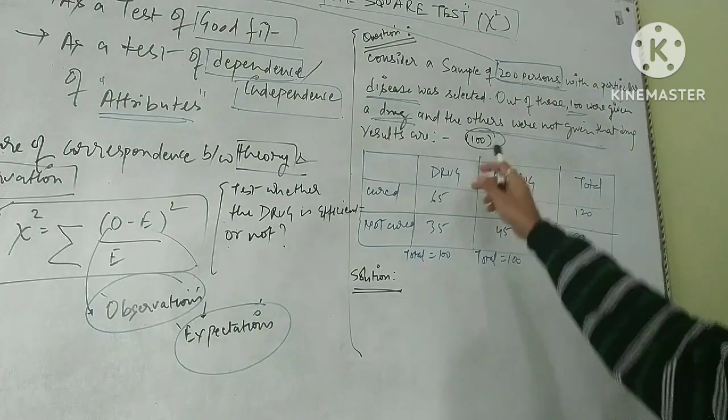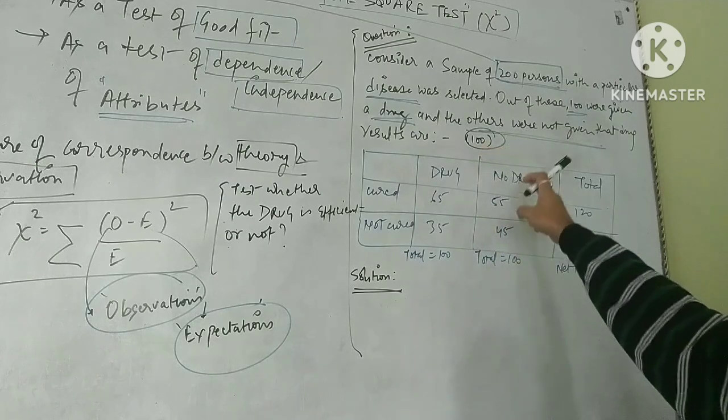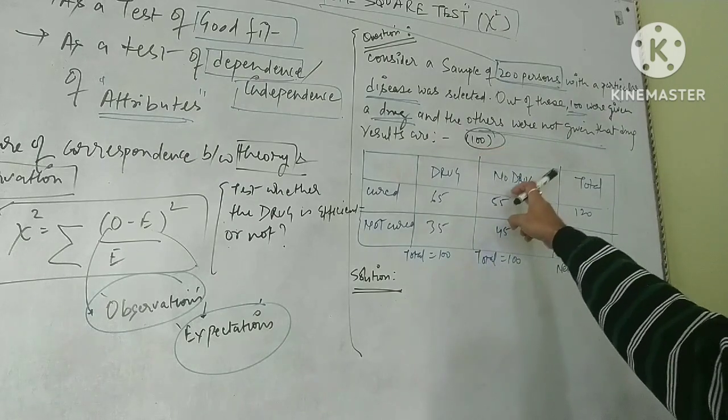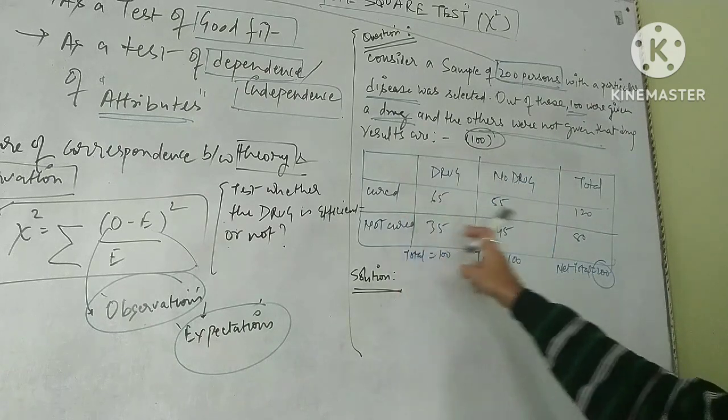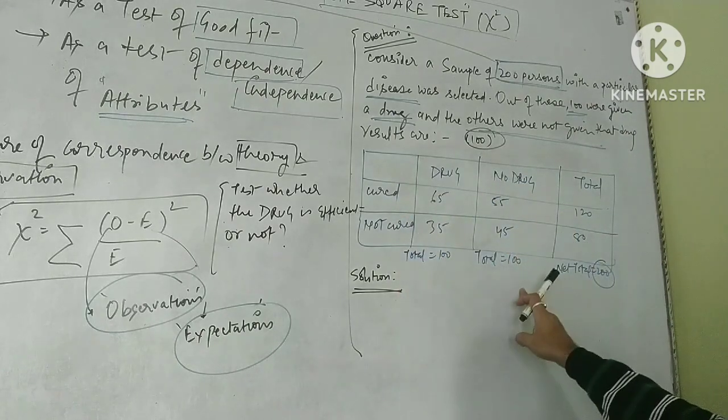For those with no drug, cured will be 55 and not cured will be 45. This also sums up to 100.